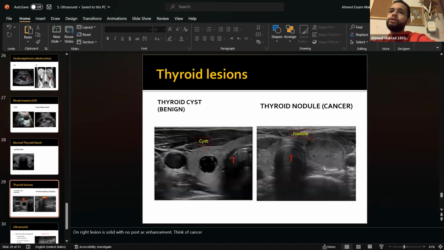Now, how do you know that this is a nodule? How do you know this is a nodule or cancer, basically?